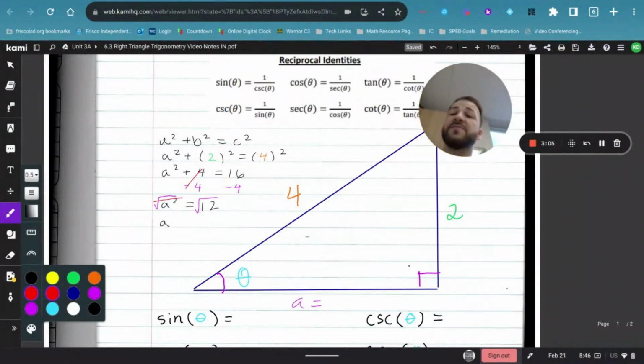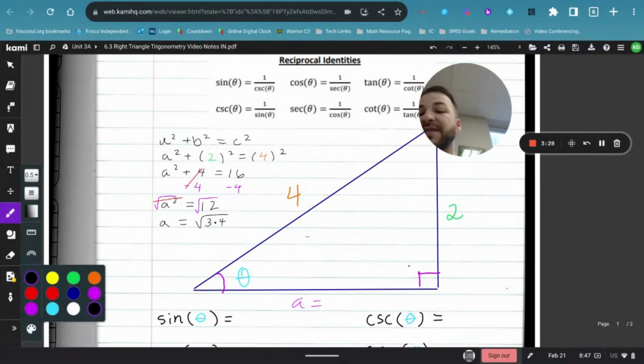One way I could solve it is by plugging it into the calculator, but let's assume I don't have a calculator. So instead, I can look if I can reduce it. I can simplify the square root of 12 into the square root of 3 times 4, because 3 times 4 is equal to 12. Now, I can't take a square root of 3. That's a prime number, but I can take a square root of 4.